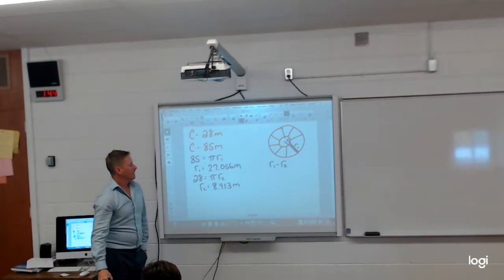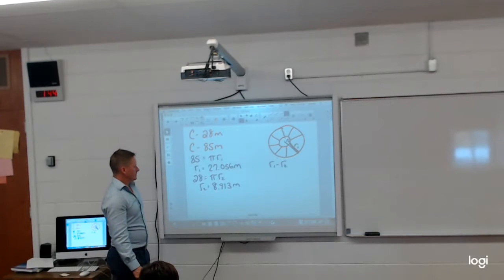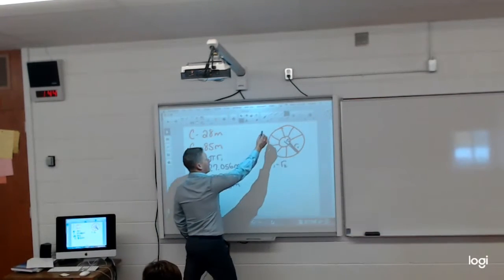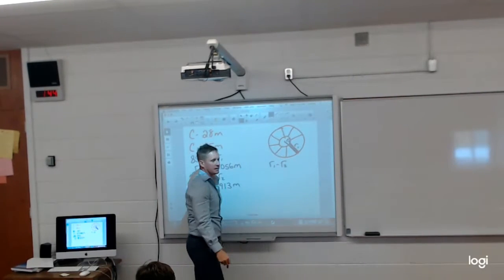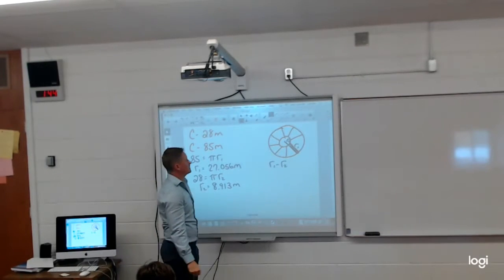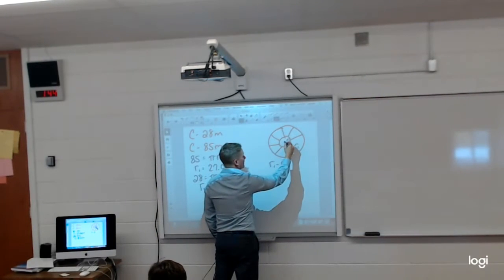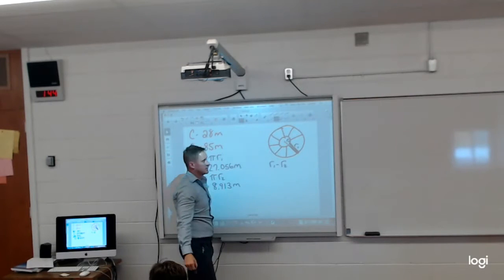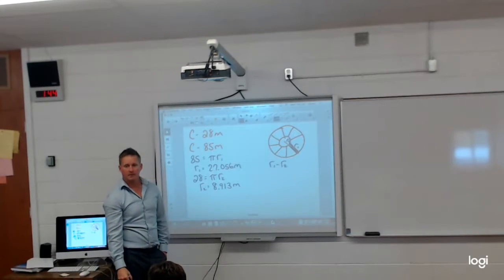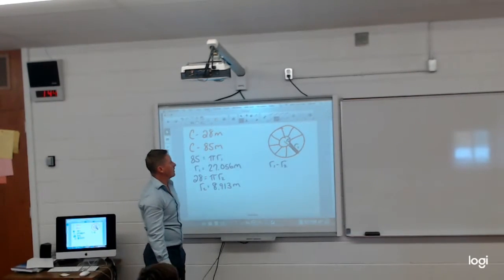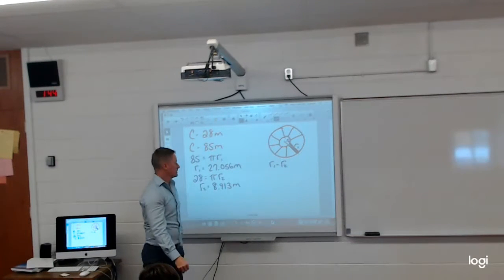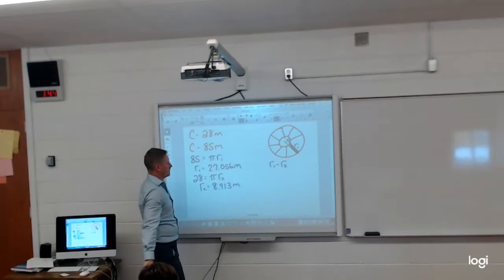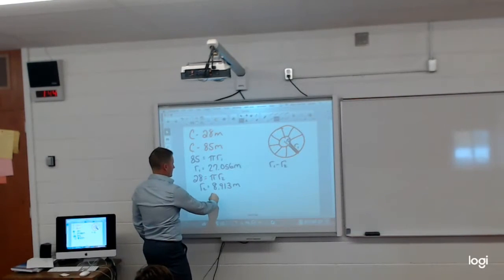So what have I just found? R1 is this distance from here to here. That's the big radius. R2 is that distance right there. And what am I looking for? I'm looking for the distance from here to here. So I take 27.056 and I subtract it.